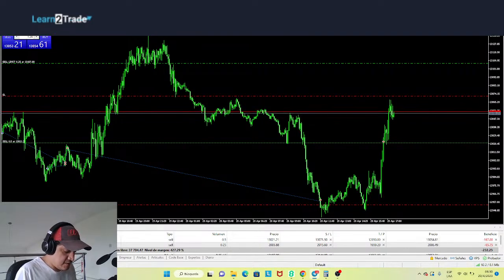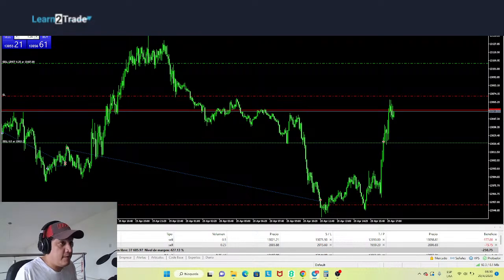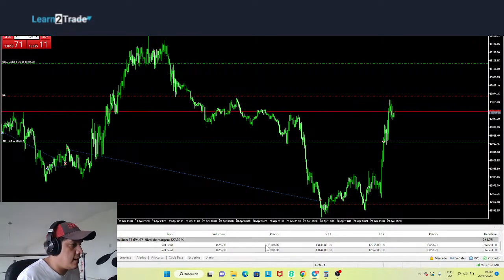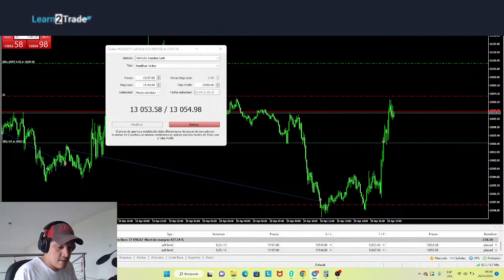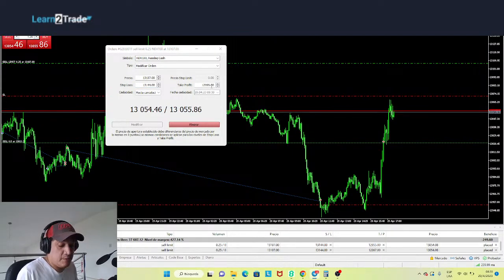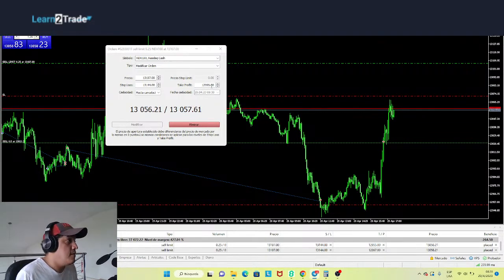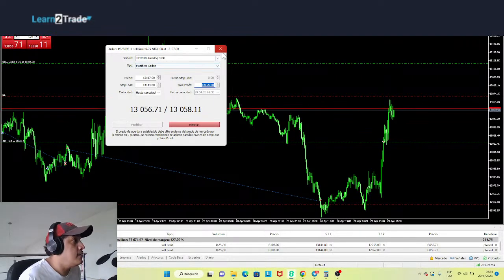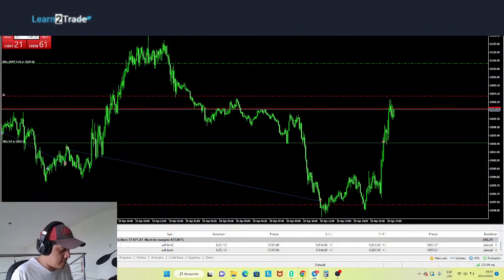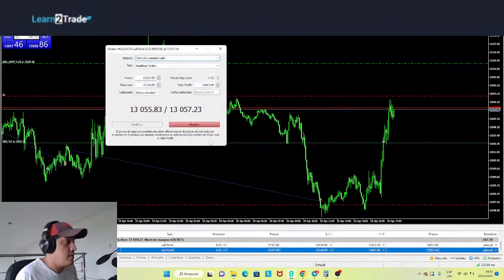US 100 and the NAS 100. So sell limit. TP1. TP2.